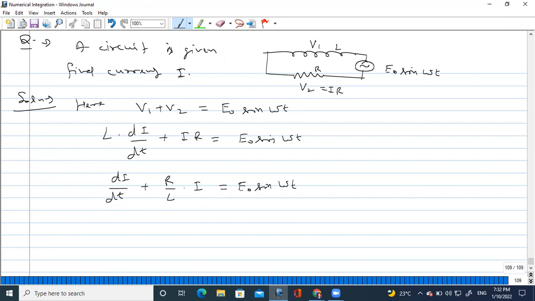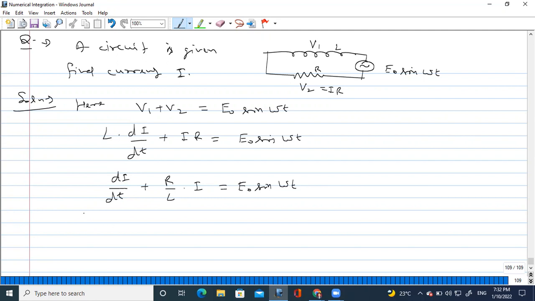Now here you can compare this equation. Here I and t are two variables. I is the dependent variable, t is the independent variable. Understood? Like y and x, here they are playing the role of I and t.